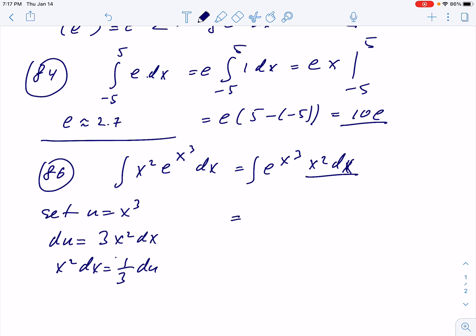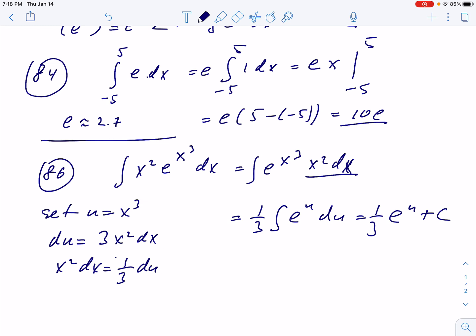Then the integral becomes 1/3 e to the u du. And since we integrate with respect to the variable u, and we have e to u, this is the same exponential e to u. And now we write plus c because we need the general antiderivative.